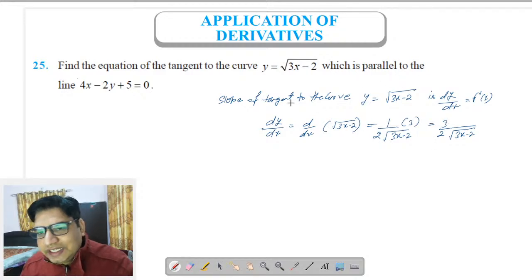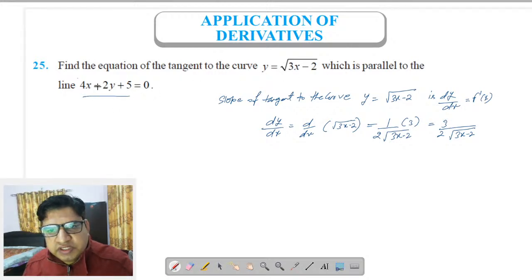Okay, and since the tangent line is parallel to the given line, the slope of this parallel line will be equal to the slope of the tangent line.